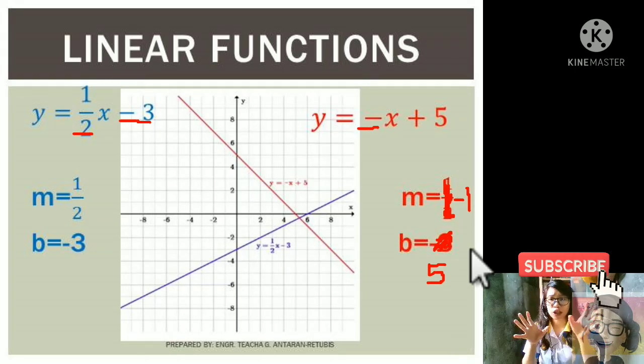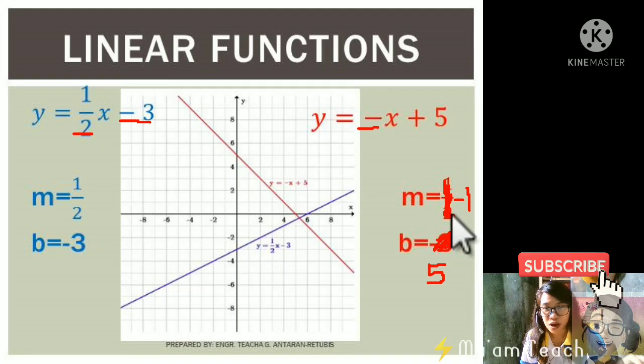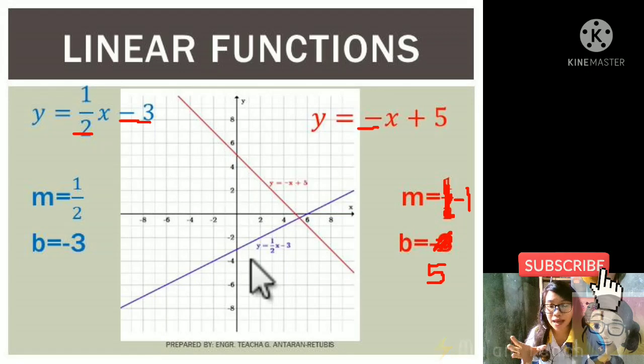Even if you are just looking, class, at the figure or at the graph itself, you'll be able to determine the y-intercept. How? Just like this. Looking at the blue line, where is the point where the line intersects with the y-axis?